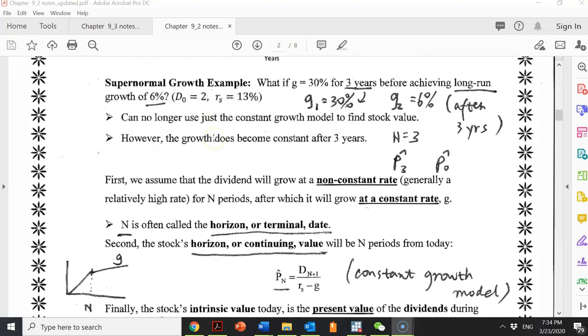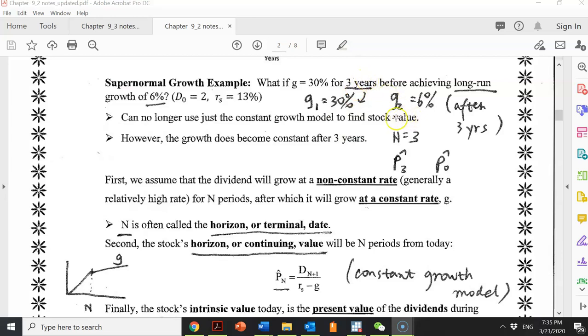Okay, let's look at an example here. What if we have G equal to 30% for 3 years before achieving a long-run growth of 6%? So here is a typical example where we have a two-stage model. First stage, G1 equals 30% for 3 years.